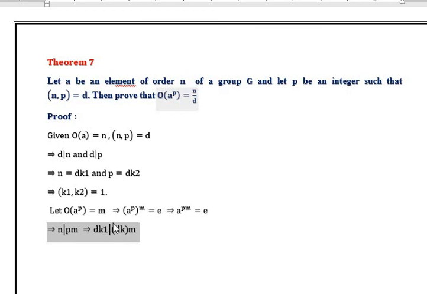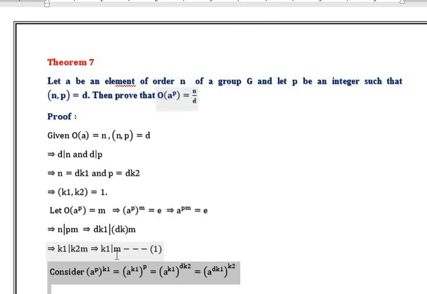So by substituting those values, we get dk1 divides dk2m. So d and d get cancelled. Then we get k1 divides k2m, which implies k1 divides m. Treat this as equation 1.